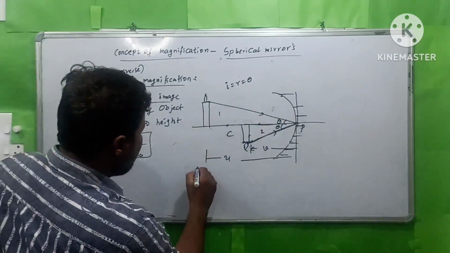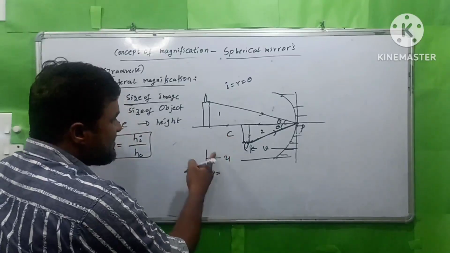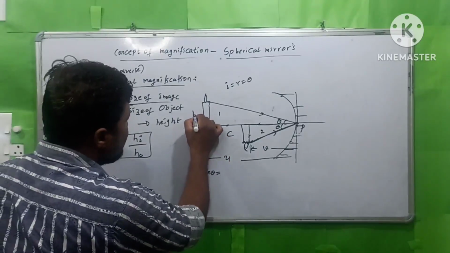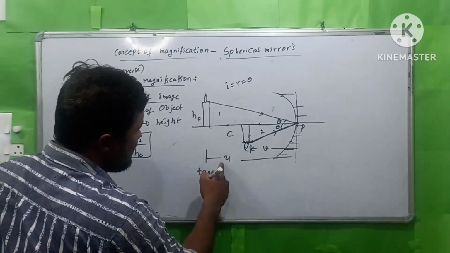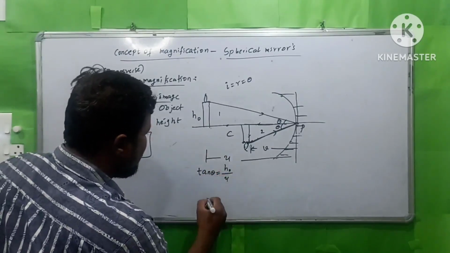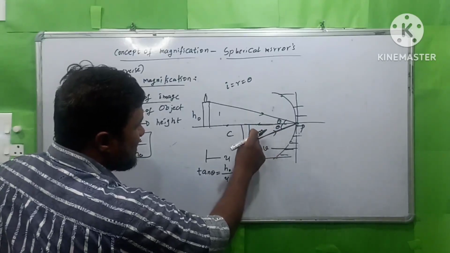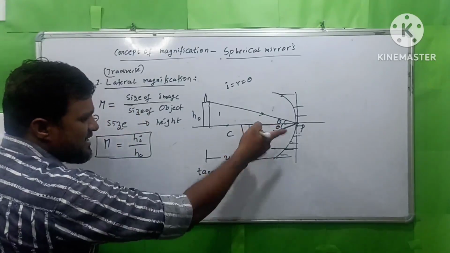From the big triangle, can I write tan theta is opposite by adjacent. Opposite is the height of the object, adjacent is the object distance. So ho by u. And similarly, if I write tan theta for the image, theta remains the same.